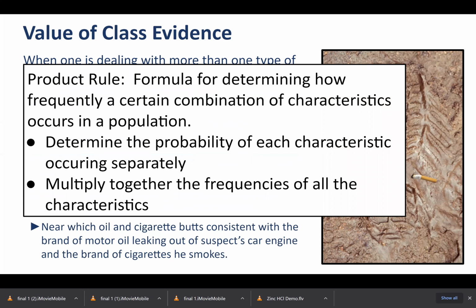So there's a thing called the product rule. It's really probability. So it's a formula for determining how frequently a certain combination of characteristics occurs in a population. To do that, you determine the probability of each characteristic occurring separately and multiply together the frequencies of all the characteristics.